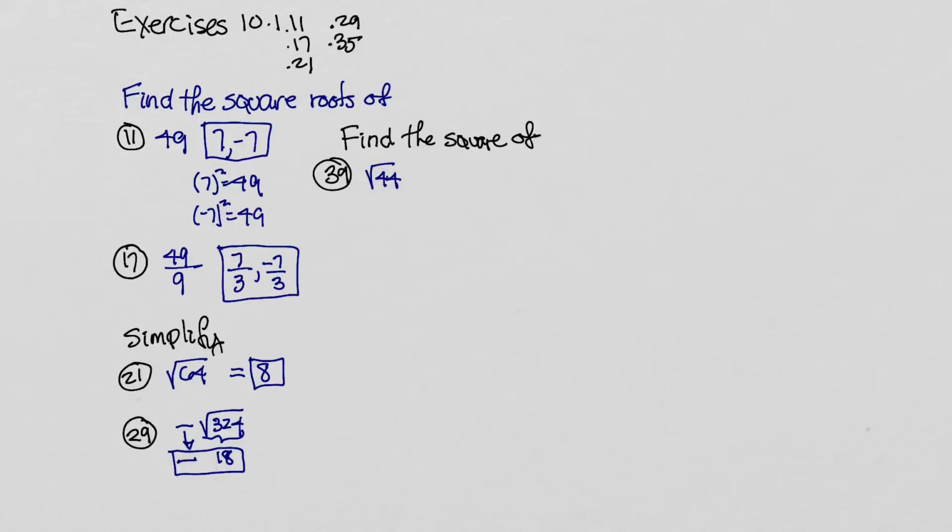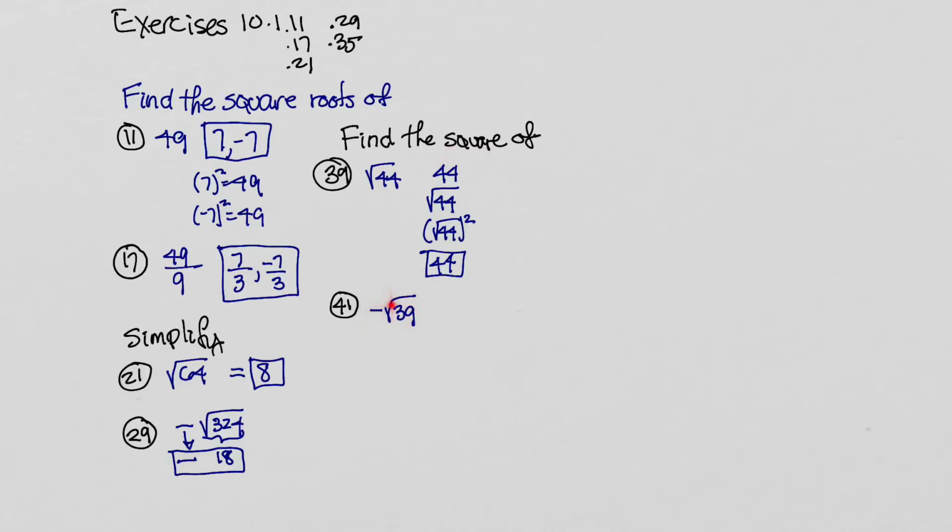We're starting with 144, then we take the square root of 144, and then we square that square root. So taking the square root and then squaring the square root, those two operations just undo each other, and we're back here at 144.